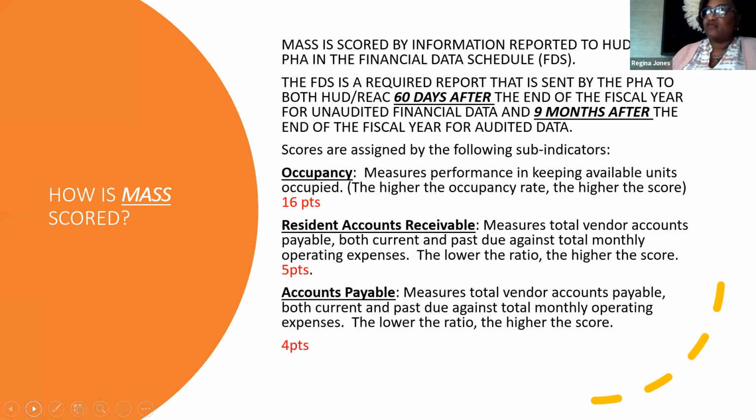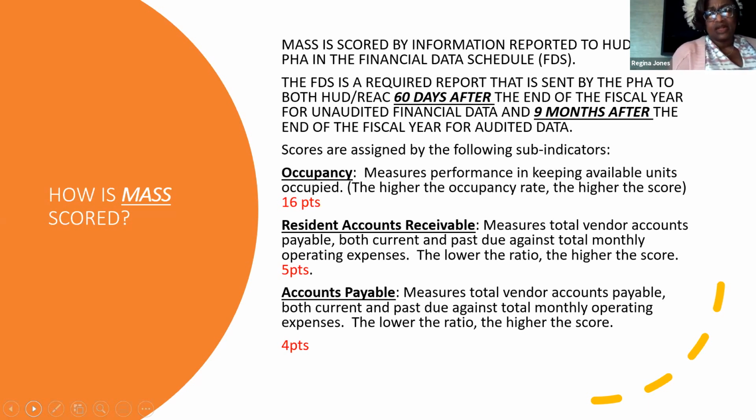MAS is scored by information reported to HUD by the PHA in the FDS, the financial data schedule. The FDS is a required report that is sent by the PHA to both HUD and REAC 60 days after the fiscal year end for the unaudited financial data and 9 months after the end of the fiscal year for audited data.